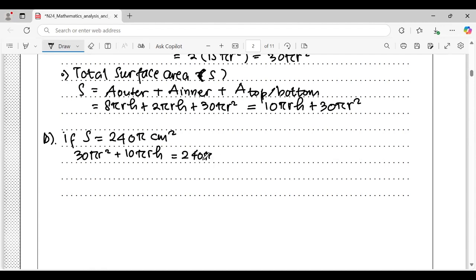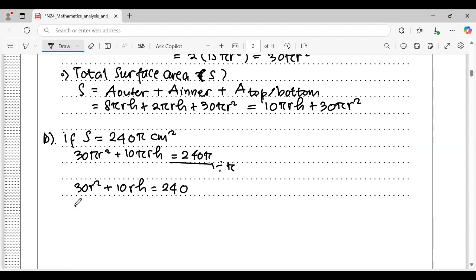Divided by pi, it's going to be 30 r squared plus 10 rh equals 240. And we're going to find h.